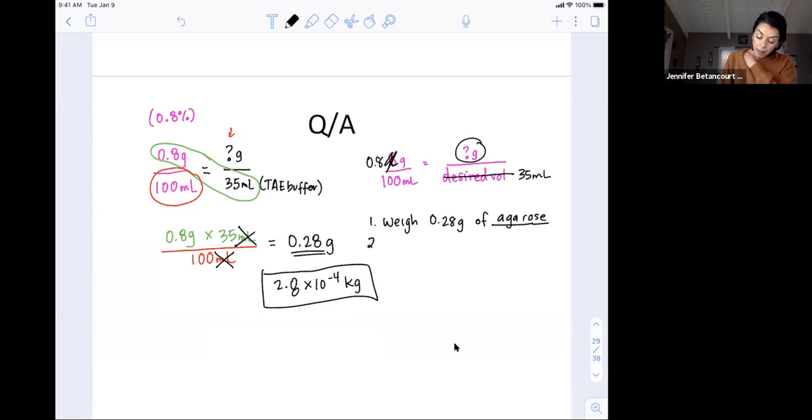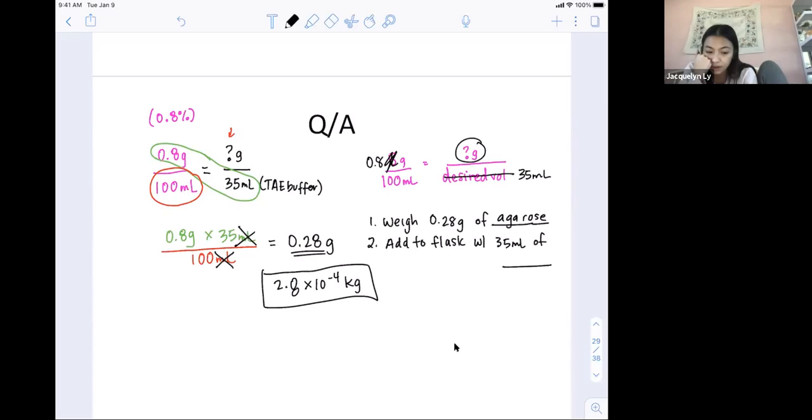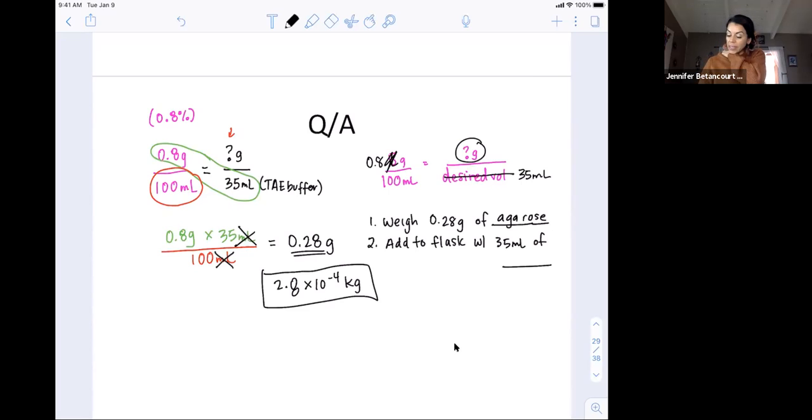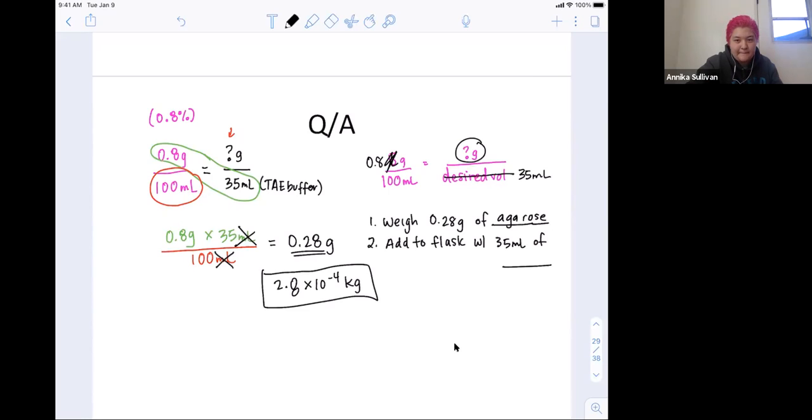And then you add to a flask, a beaker, or whatever, 35 milliliters of, what are we adding 35 milliliters of? 0.8% agarose solution. That's what you're making. That's the final that you're making. The TAE buffer. Yep.